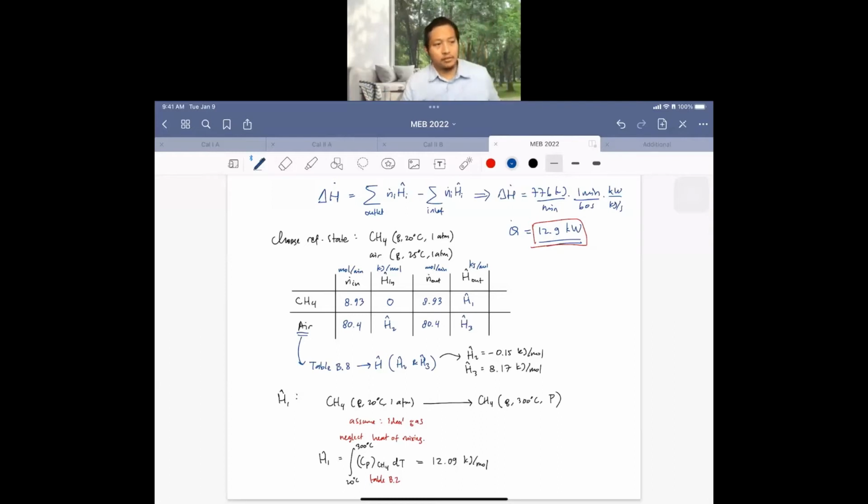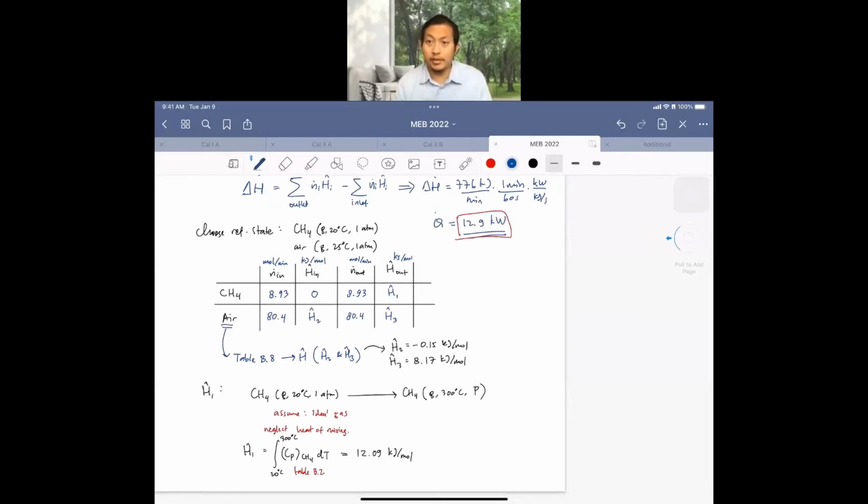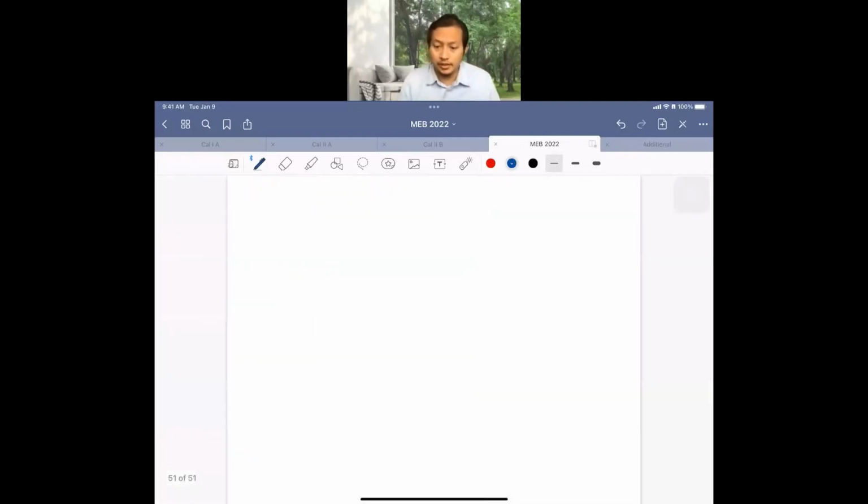Right. Now, another segment is the calculation of the integral of the Cp. If you remember, we have some numerical methods in integration. So sometimes you could also check through.